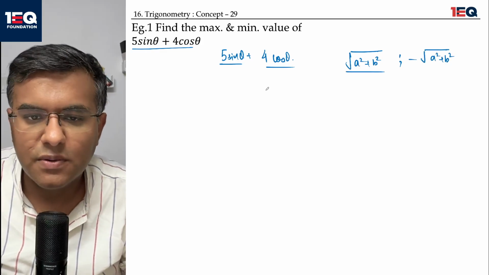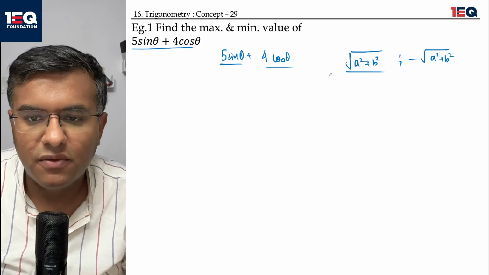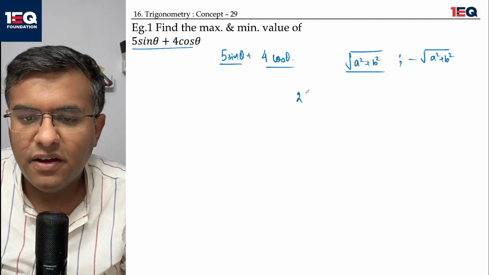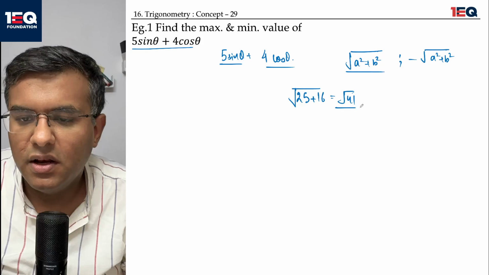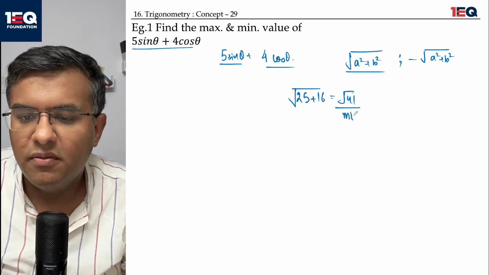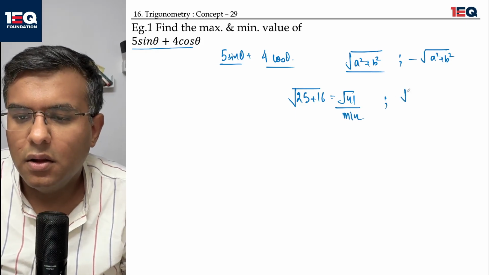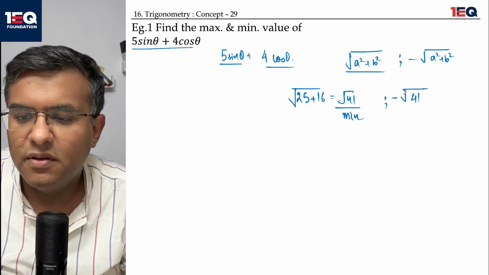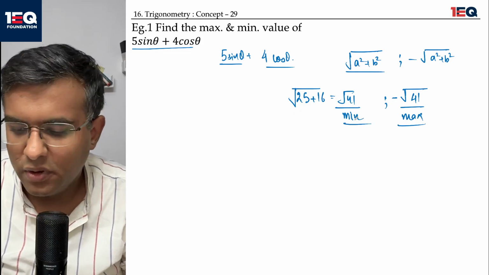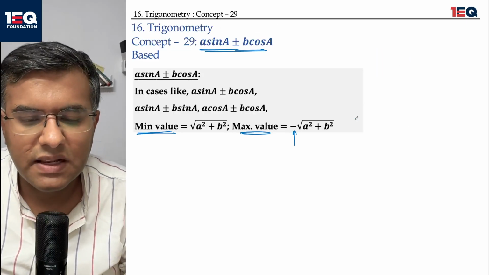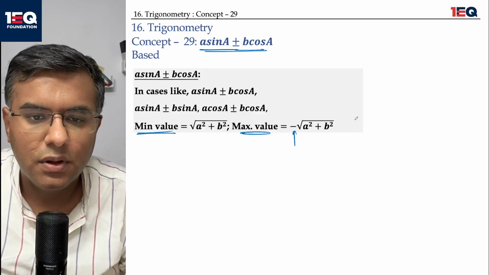Root of a square plus b square is going to be 5 and 4. 5 is 25 and 4 is 16. So this is going to give me root of 41 as its minimum value, and root of 41 with the minus sign as its max value. Okay, we have the minimum value as well as the maximum value, right?